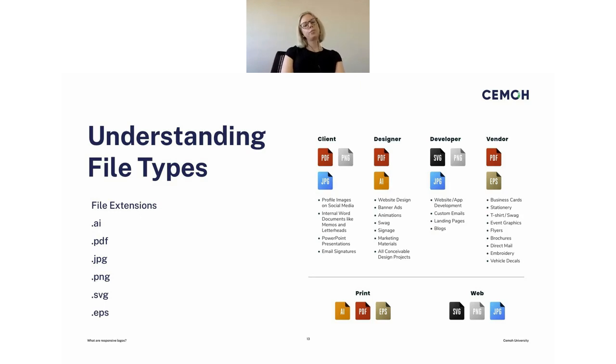Usually a PDF file you can view across all of your different applications. An AI file is generally something you'll need to open with an Adobe program, Adobe Illustrator, but that's your raw file that the logo will have originally been drawn in.